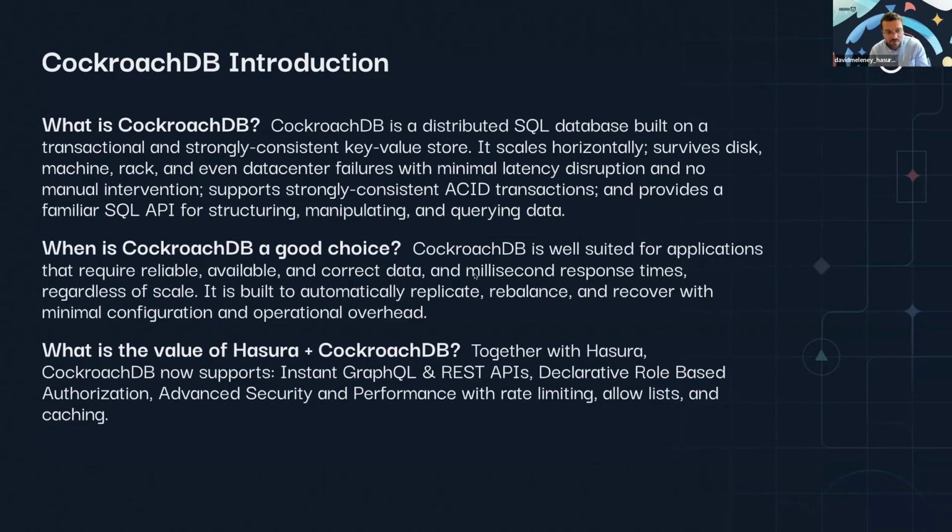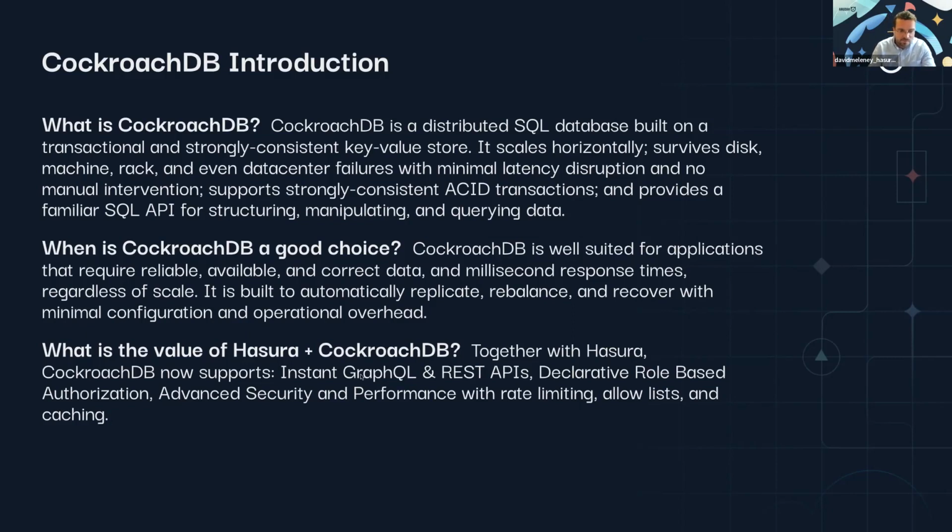What does Hasura and Cockroach DB bring together? As we stated earlier, instant GraphQL and REST APIs and all the features that come with Hasura, like role-based authorization, advanced security and performance with rate limiting, allow lists, and caching.